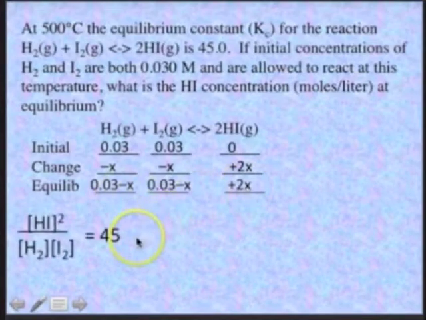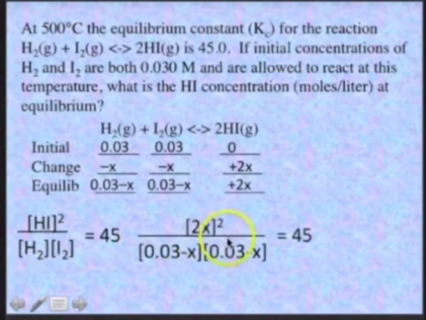Now you write your mass action equation, set it equal to K, and plug in your equilibrium values. It's going to be 2x squared for the HI, over 0.03 minus x, and 0.03 minus x.